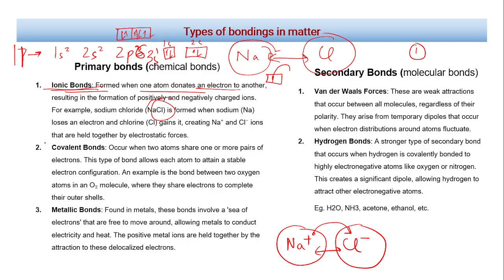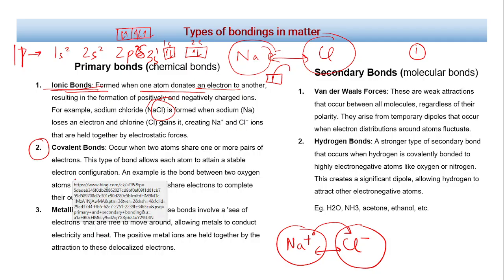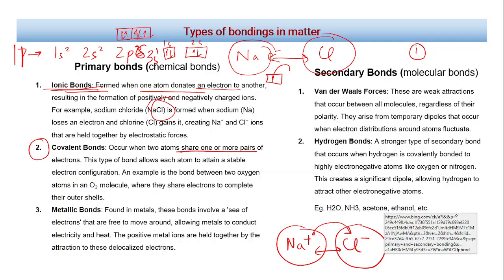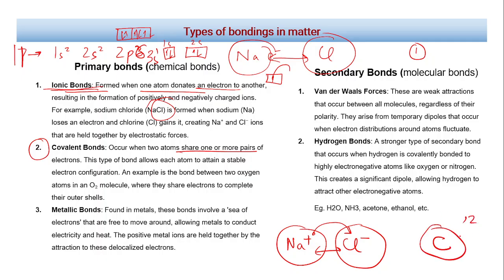Another type of bond is the covalent bond. Here there is no giving and taking but sharing of electrons, and this usually happens in something like carbon. Carbon has 6 electrons, and its inner shells are closed, meaning they have all the pairing.